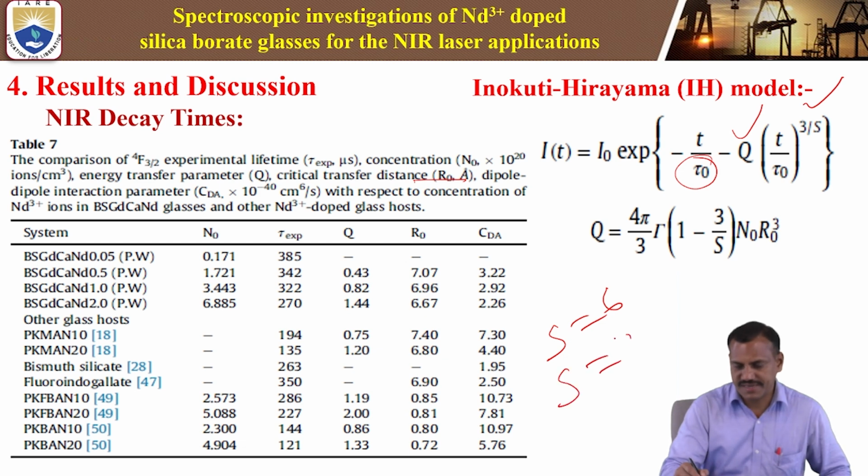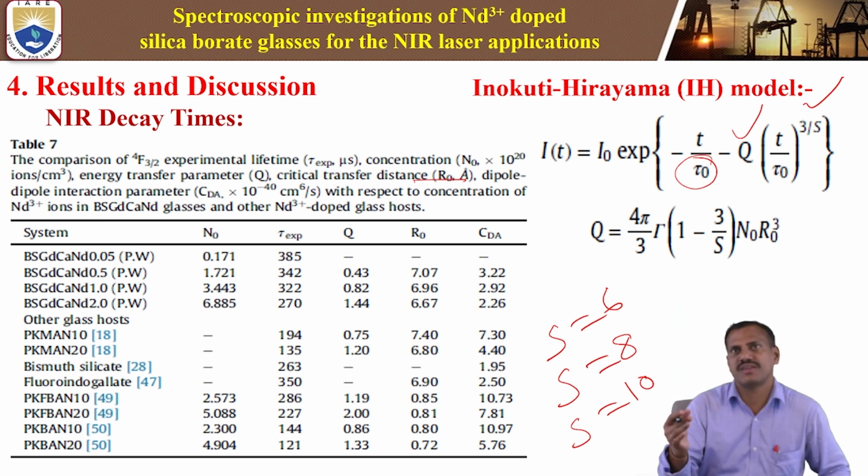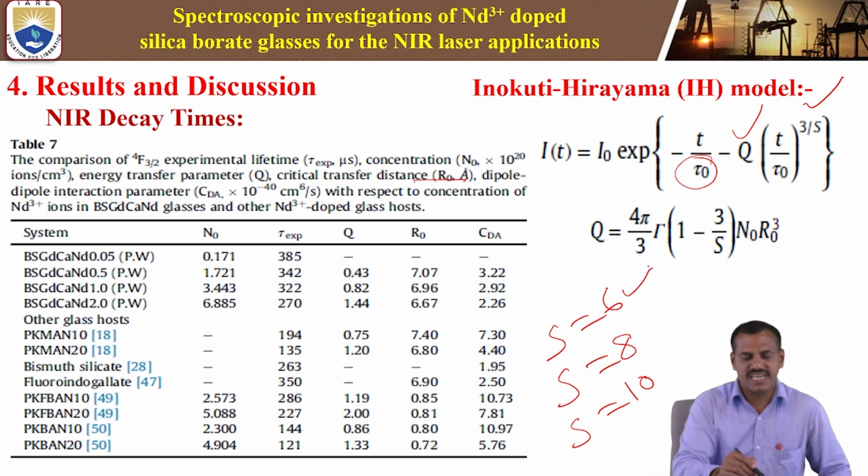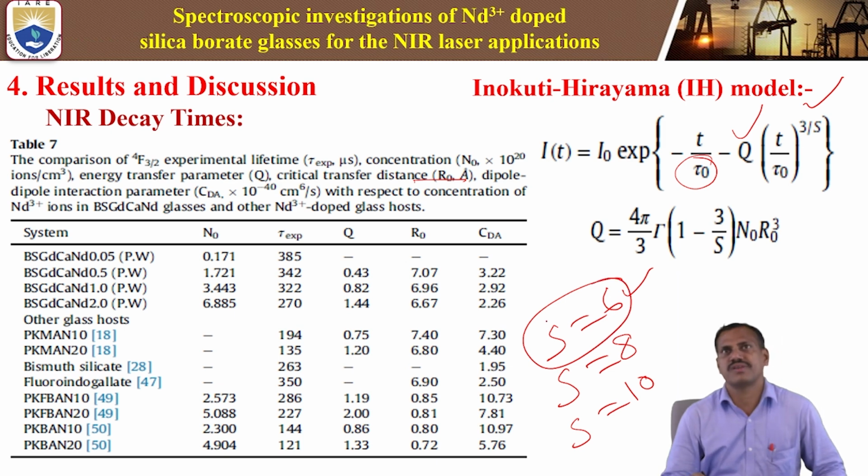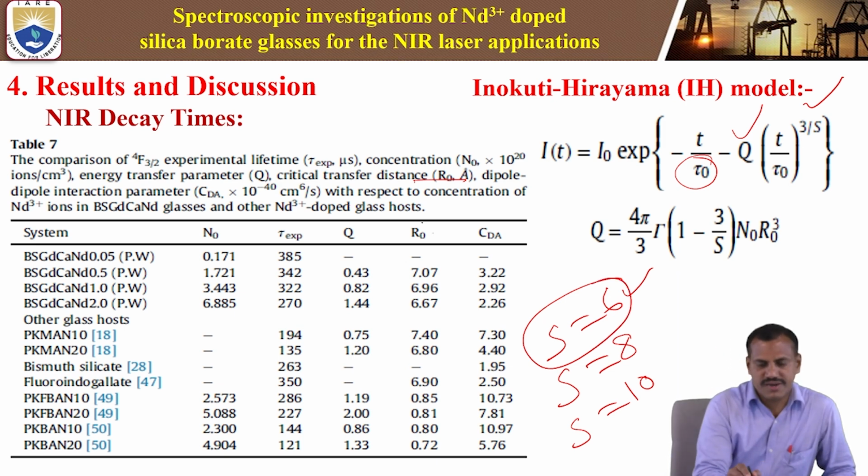If S equals 8, it shows dipole-quadrupole. If S equals 10, it shows quadrupole nature. So the energy transfer parameter shows different types. In our present study, it shows S equals 6, that means dipole type. That is why we are calculating the CDA value.